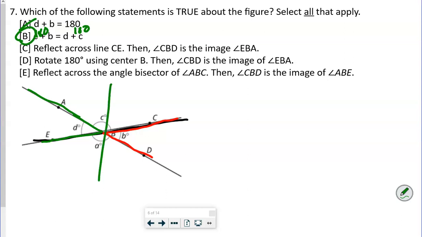that to me looks like if I was going to reflect it, I'd have to reflect it there, right? So wait, let's look at the points just to verify. So CB, so C is going to turn into E, right? And B is B, so we got that one.